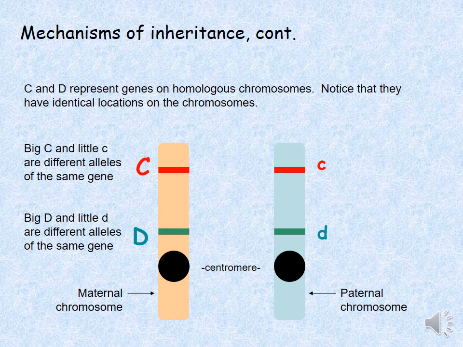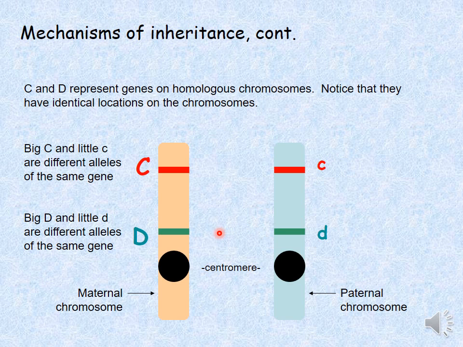So here we're looking at the homologous chromosomes where there are certain genes, gene C and gene D. And you can see that for gene C, the maternal chromosome, which is found over here on the left, has a big C. When it comes to your paternal, the one from your father, it has a little c.